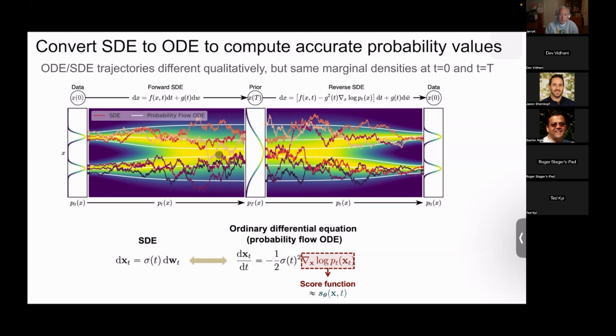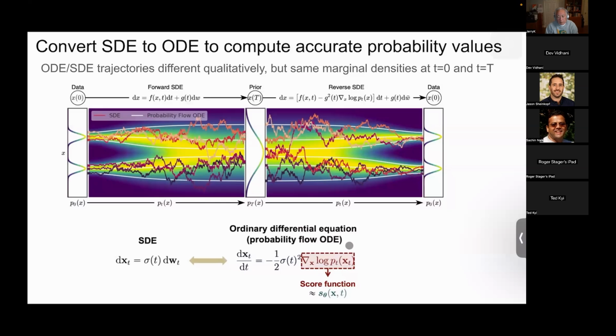And essentially, the key thing that is showcased here is that how we have the conversion of data to noise using SDE, this can also be done using ODE, and what he calls here the probability flow ODE.